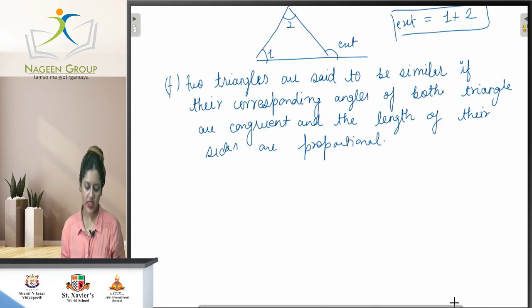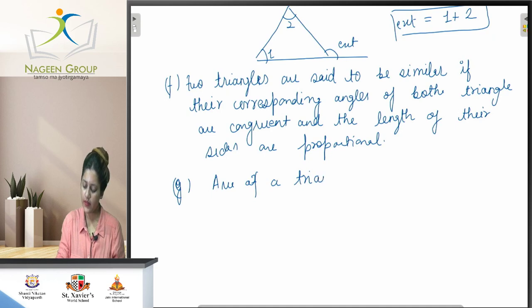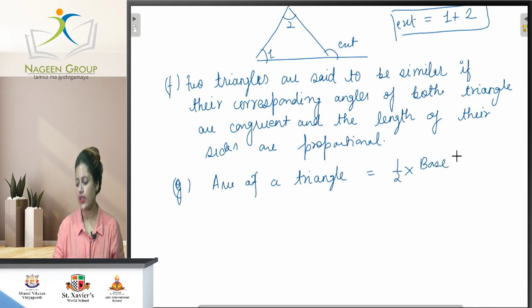Now the next one is G, the area of a triangle. Area of a triangle is equal to half into base into height.